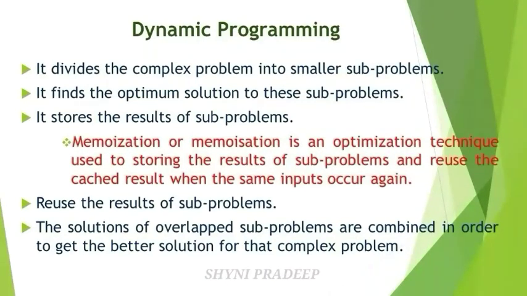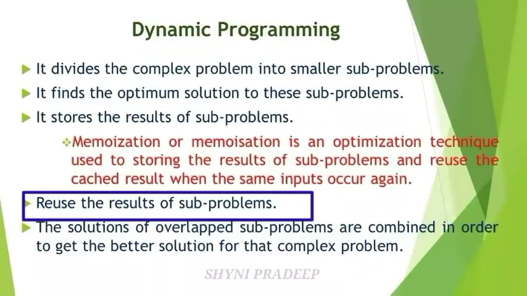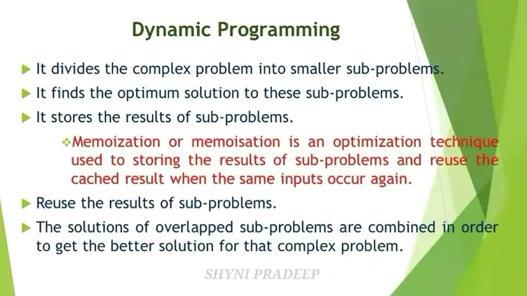It is used to store the results of subproblems and reuse those results when the same inputs occur again and again. Why are we reusing the results of subproblems? Because if the same subproblem comes again and again, you can take out the result of that subproblem and reuse it.